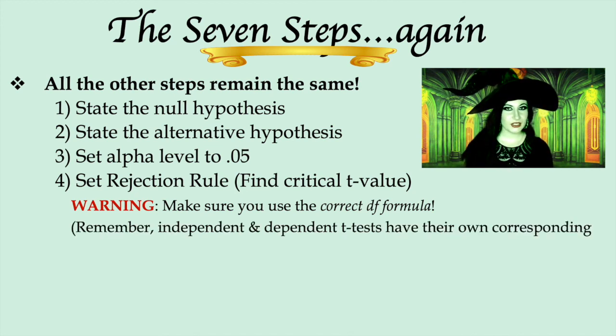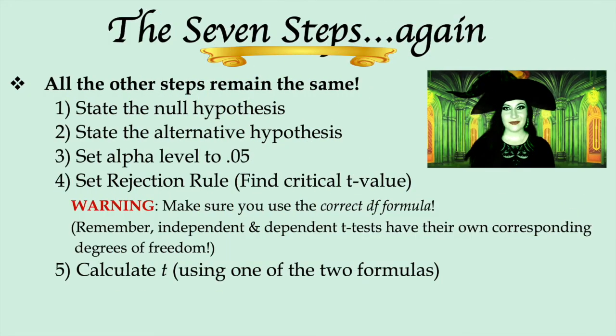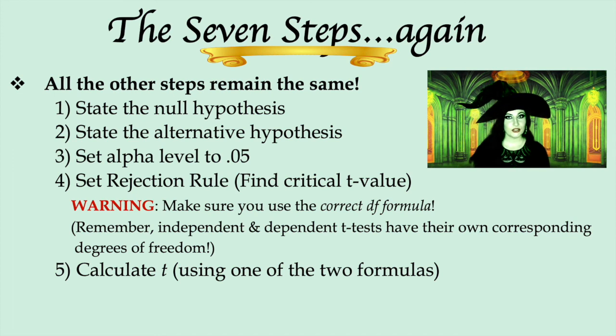Depending on which analysis you're conducting and which type of t-test you're going to be using, you are going to have to use the corresponding formula for those degrees of freedom. Step 5 is to calculate t using one of the 2 formulas that we just talked about. And once again, it's not up to you to just randomly decide which formula you want to use. It has to match the type of sample that you are actually measuring.